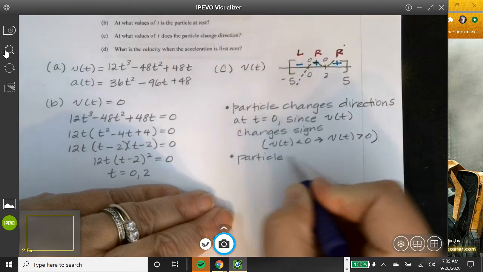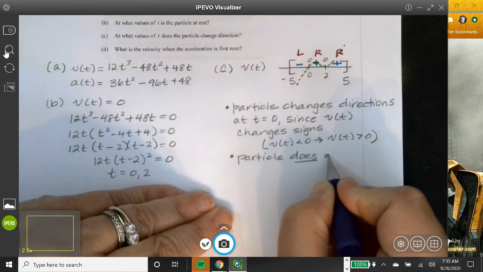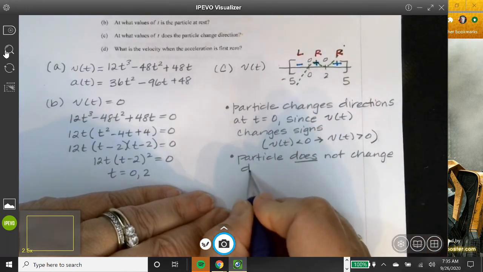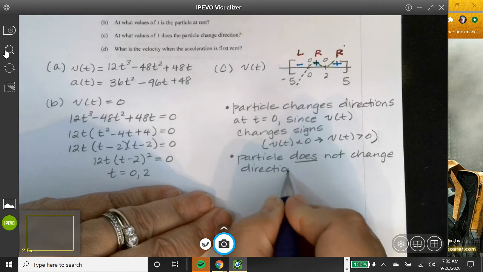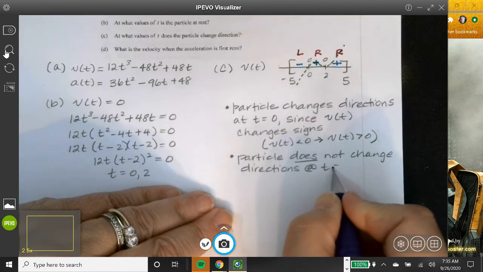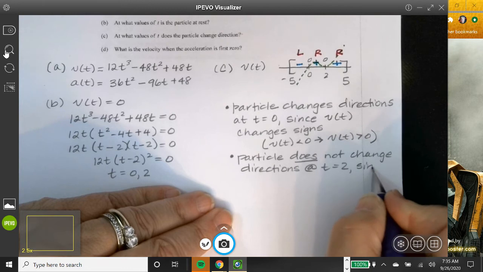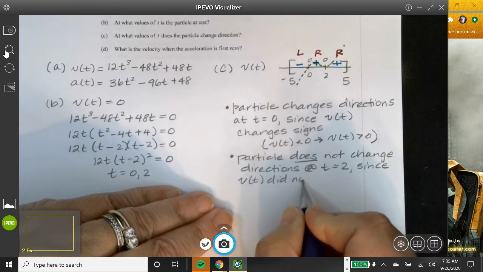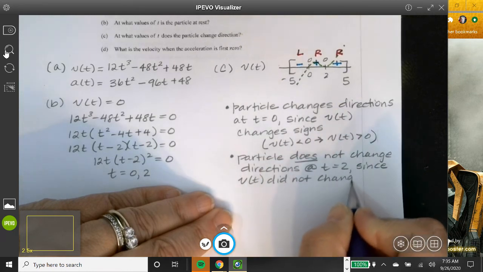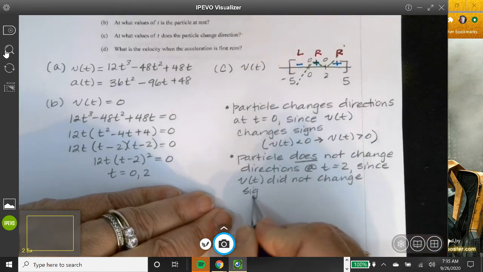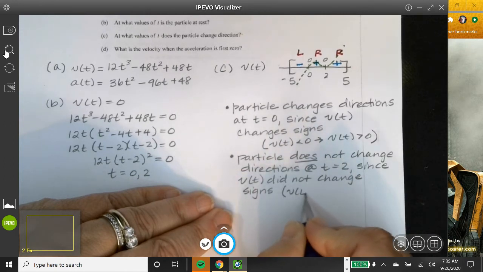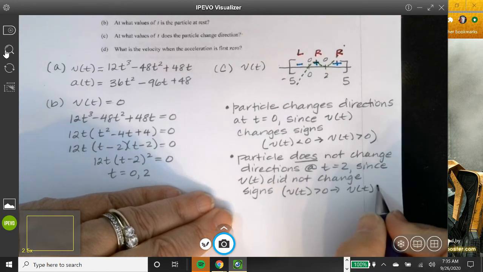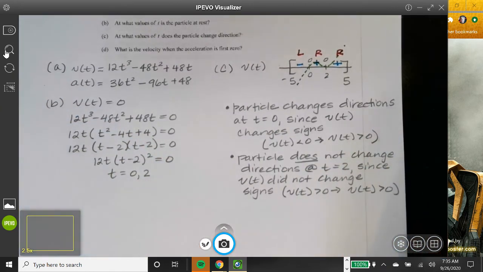So the particle does not change directions at t equals 2, since V of t did not change signs. It went from going positive, paused for a moment, right, and then now it's still positive. So it went from positive to positive.